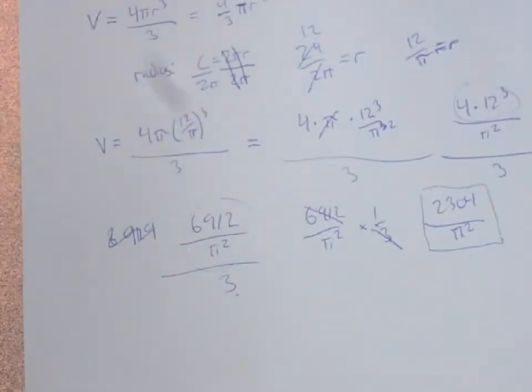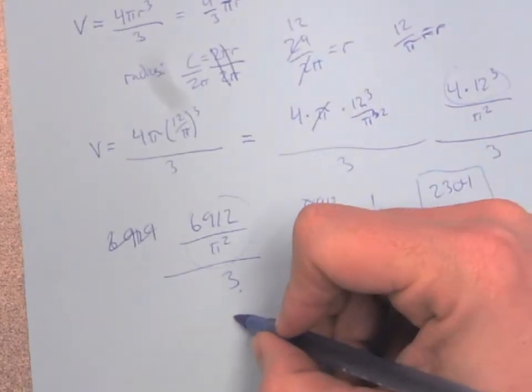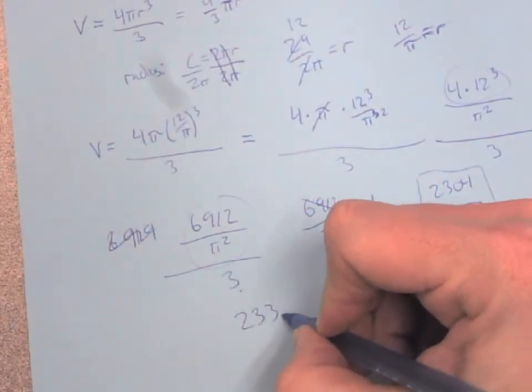In your book, they say to round to the nearest tenth. So let's see what that comes out to be. I'm going to take that 2,304 and divide it by pi squared. Whoops. Okay, and that comes out to be 233.4.